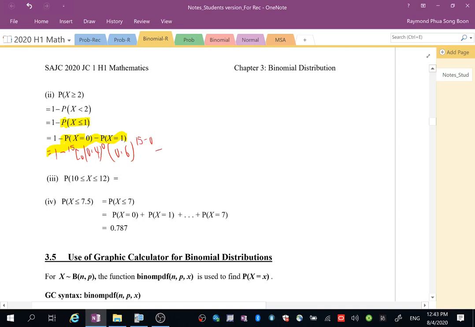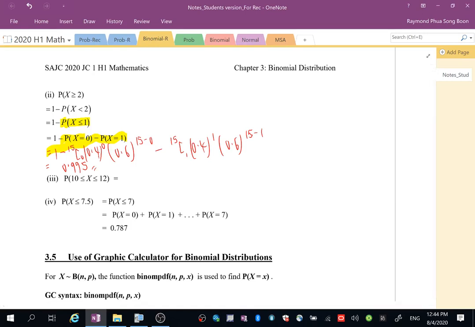Likewise for probability X = 1, you just replace the small x by 1 in that formula to calculate the probability. After that, you can just press your GC and you'll be able to get the answer for the probability that at least 2 survive.